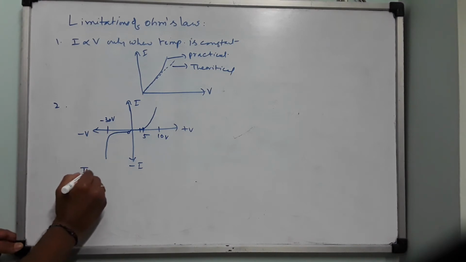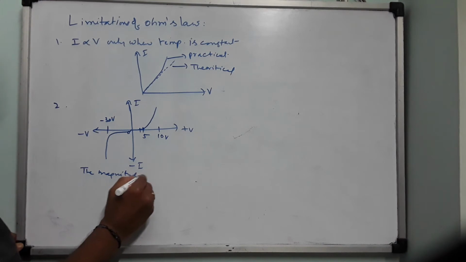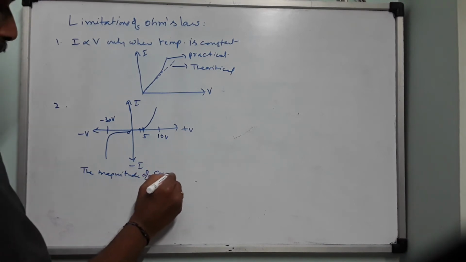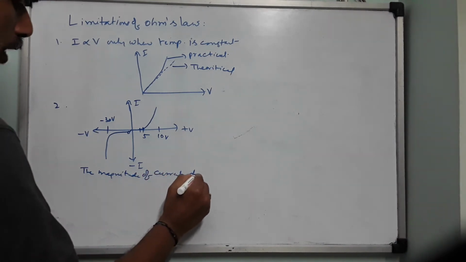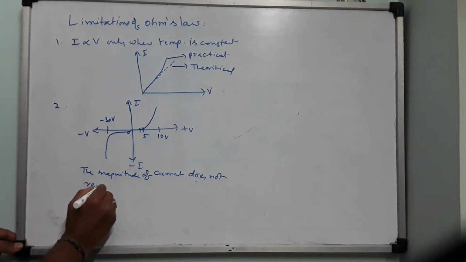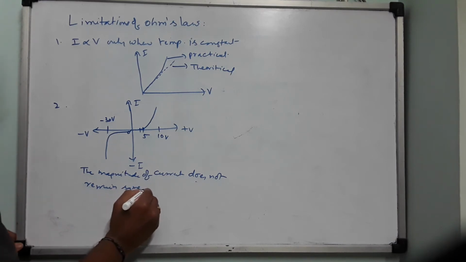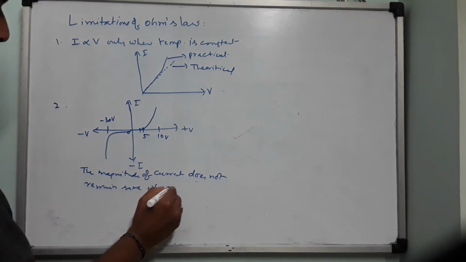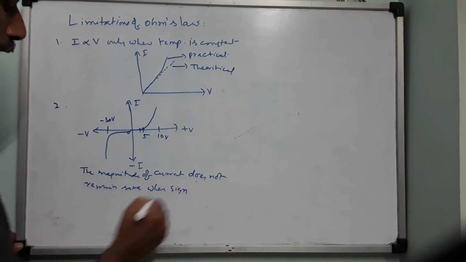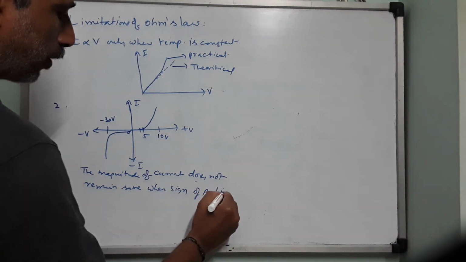The magnitude of current does not remain the same when the sign of the potential difference, positive or negative, is reversed.